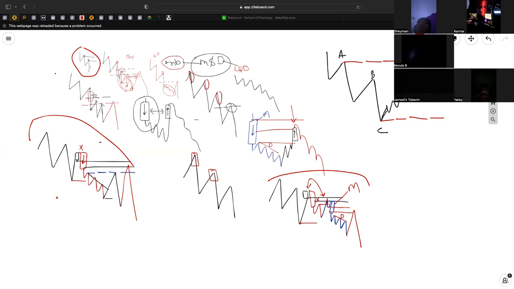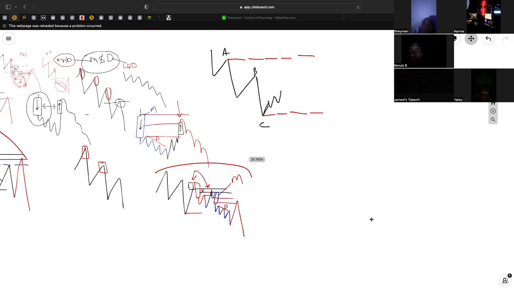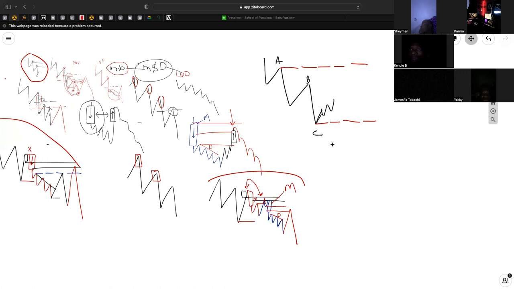But with the concept of incomplete pullback, you will now ask yourself, pay attention. Now we have I, low, I. Then market stops here. Then we have A, B, C. So let's now say this is an incomplete pullback.